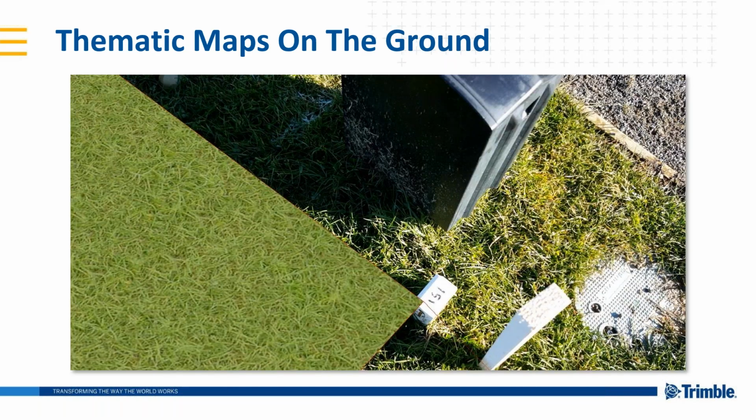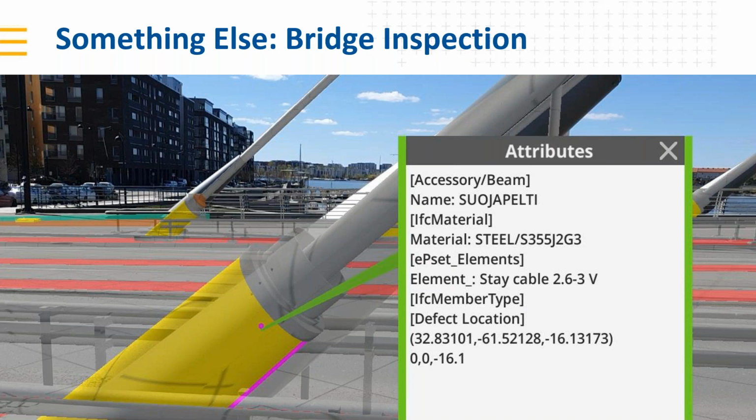And then just a couple of others here. This one is showing a residential property boundary line. And then something else entirely, if we look at an application like bridge inspection, it sort of introduces the concept of the digital twin.